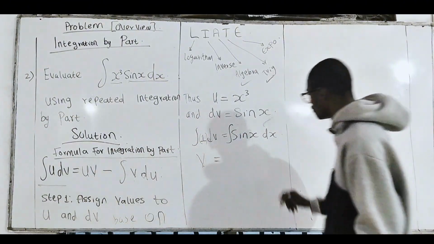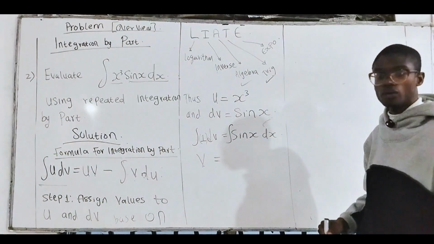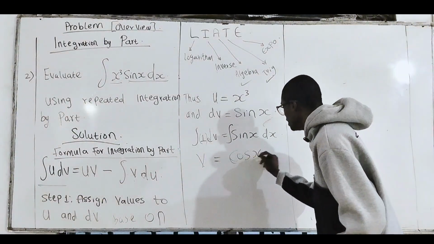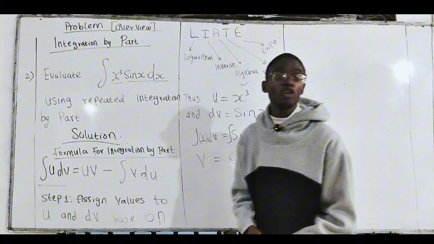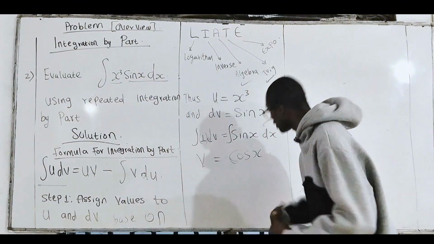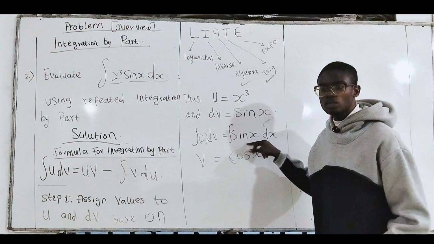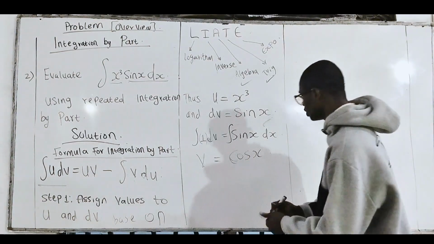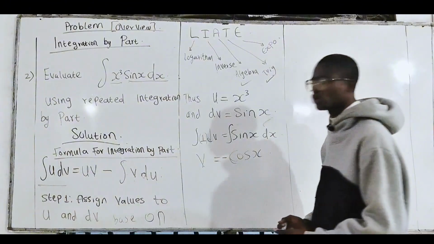So if we have this now, if we integrate sine x, what do we have? Cos x, because integration is just directly opposite of differentiation. So what did I differentiate to get sine? Okay, and it turns out that what you said is wrong. The answer will actually be minus cos.